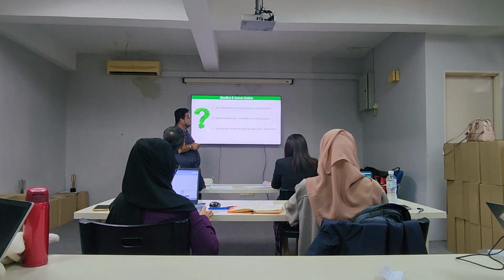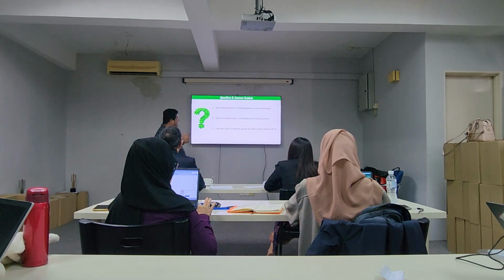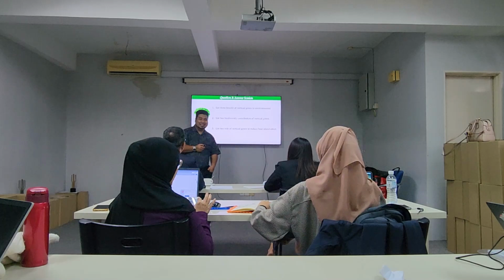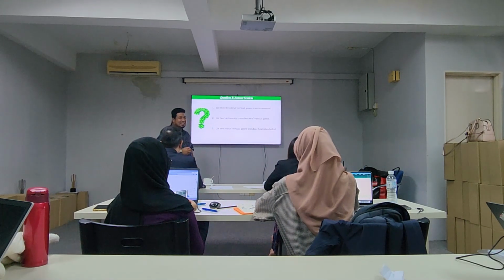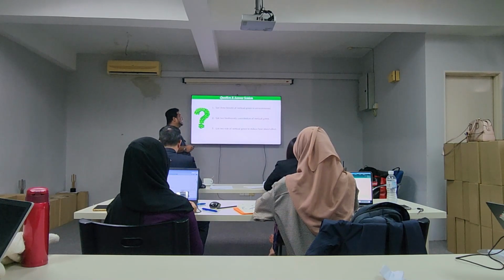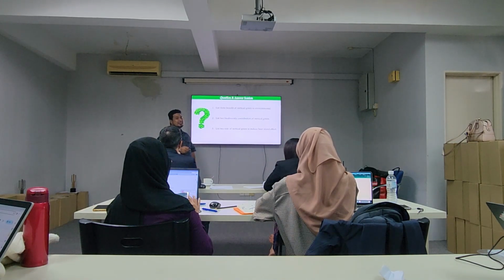So, question and answer. Martin, can you list 3 benefits of vertical green to the environment? It reduces carbon dioxide pollution and reduces noise pollution, as well as promoting biodiversity.